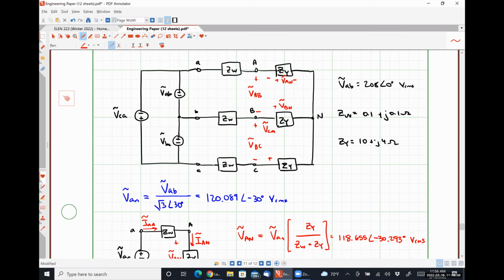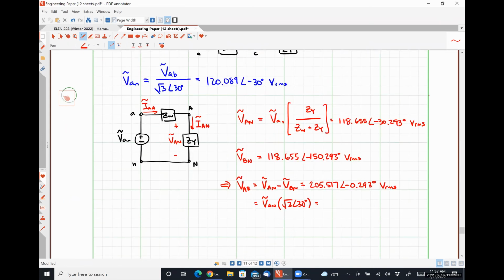We can find only the phase voltage in the load and then use our conversion factor to go from a phase voltage to a line voltage, because that's actually how our transformation was defined.